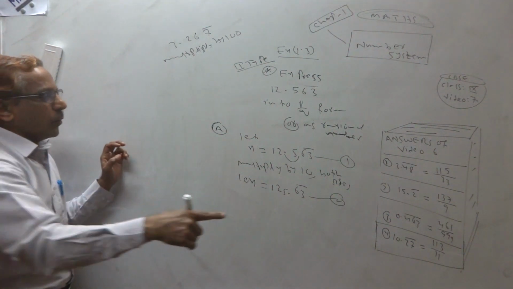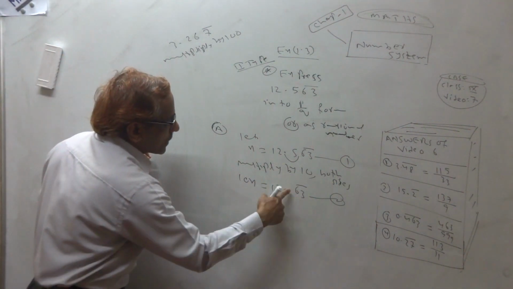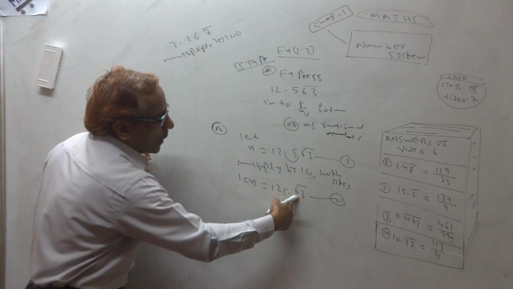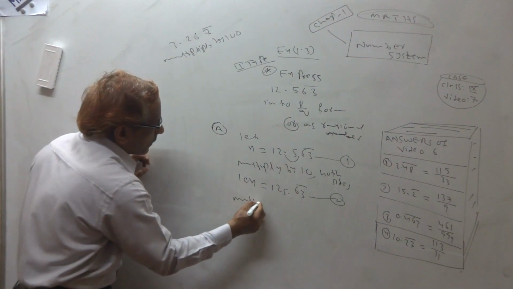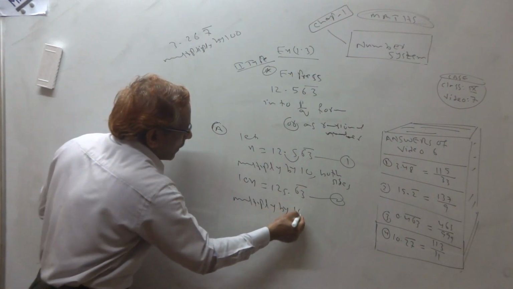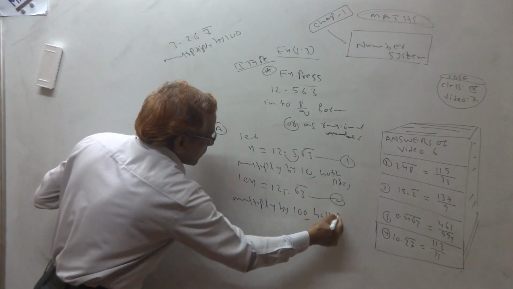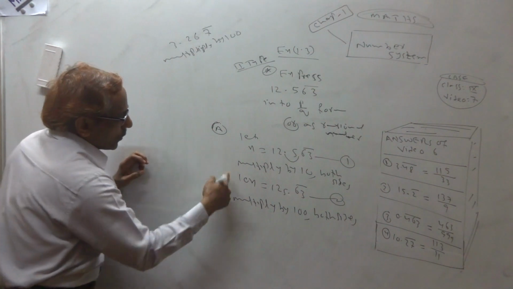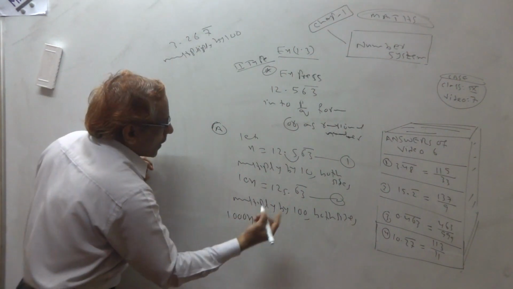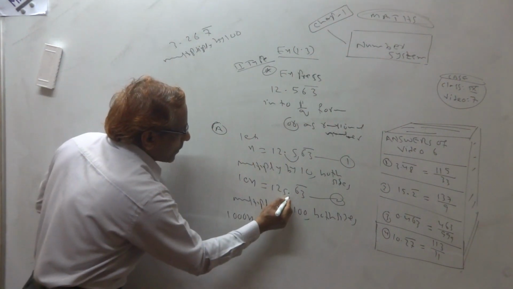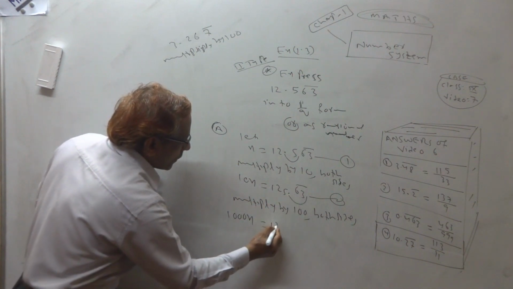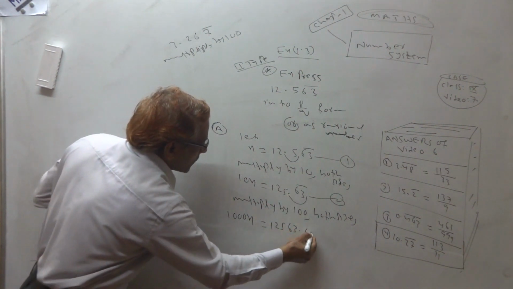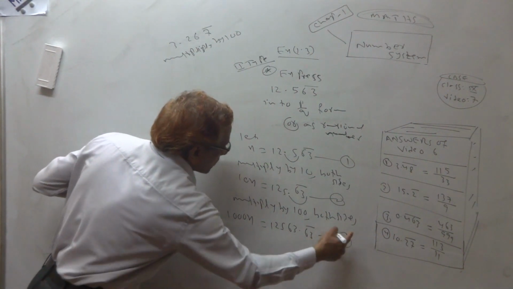Now you should see how many numbers are under the bar. 2 numbers, so multiply by 100 on both sides. So what happens? 100 into 10x is 1000x, and 100 into this, the decimal will move here: 12563.63 bar. Yes, third.